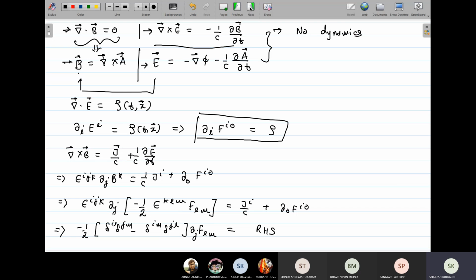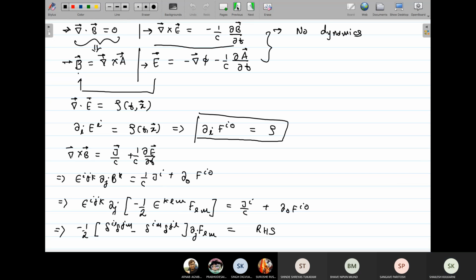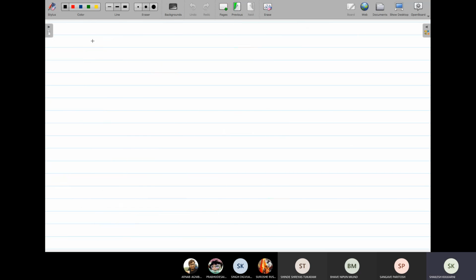Now concentrate only on LHS. So the LHS is equal to, so this implies minus half.